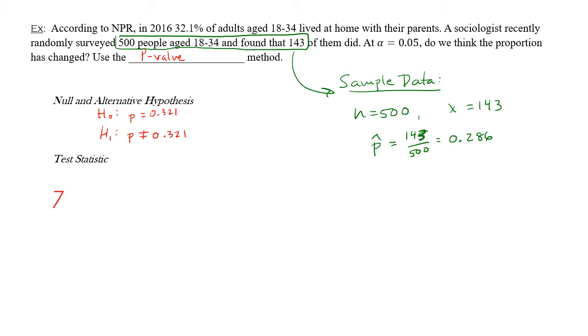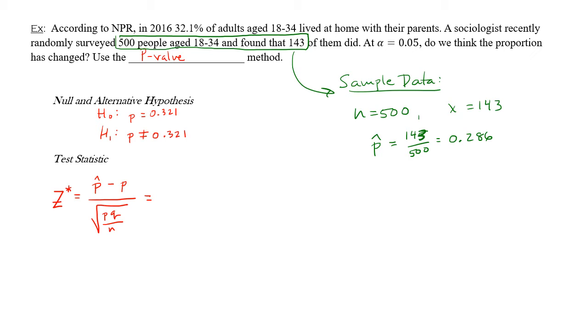So let's now compute our test statistic, where we're using this value for p hat, minus the claimed value in our null hypothesis, and then divided by the standard deviation, square root of pq over n.